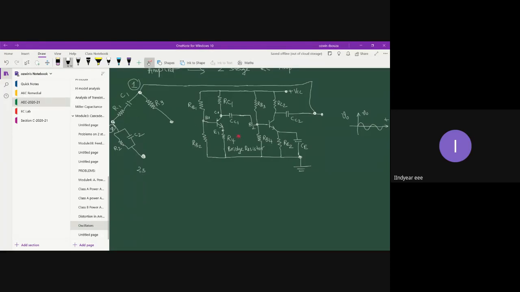So I'll use a different color. Let me use a jumper. So it is connected to the base of the first amplifier. Now I am left with resistance R3. Now this resistance R3 is connected to R4.